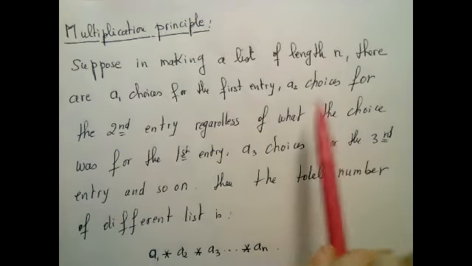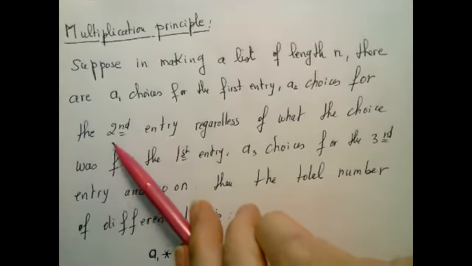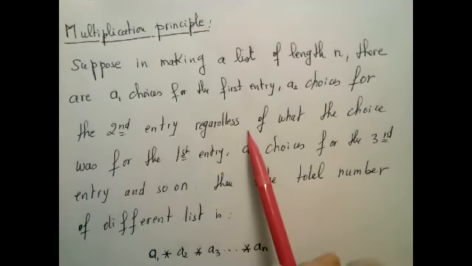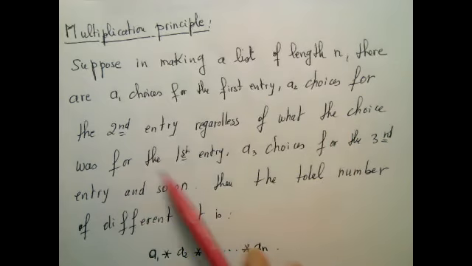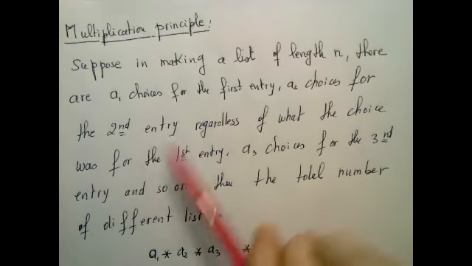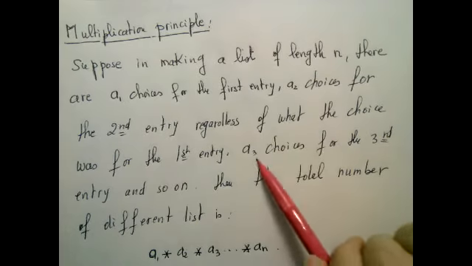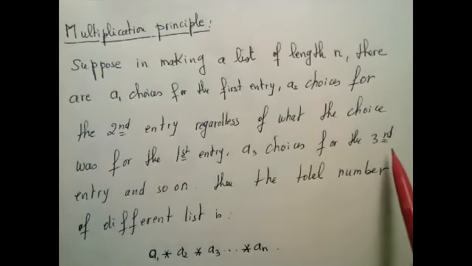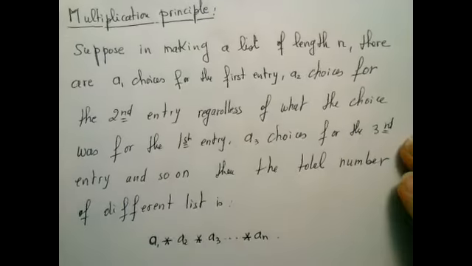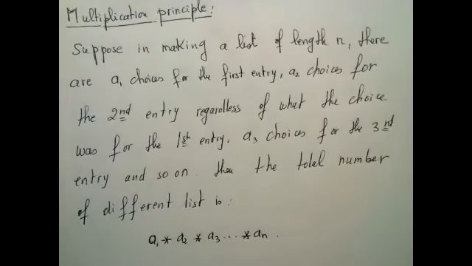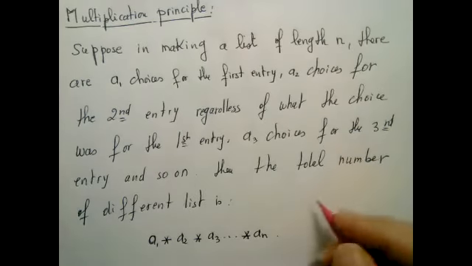But here I added that there are A2 choices for the second entry, regardless of what the choice was for the first. It means, regardless which sandwich I pick, I have 4 choices for the drink. There is no relationship between my second choice and my first choice. And A3 choices for the third entry and so on. Then the total number of different lists is just the product.